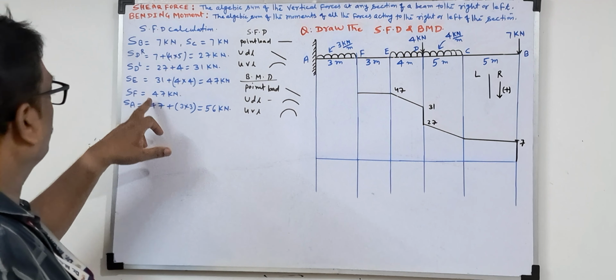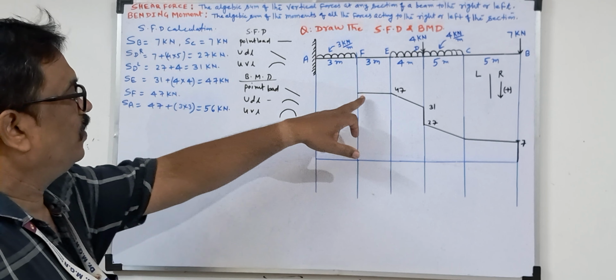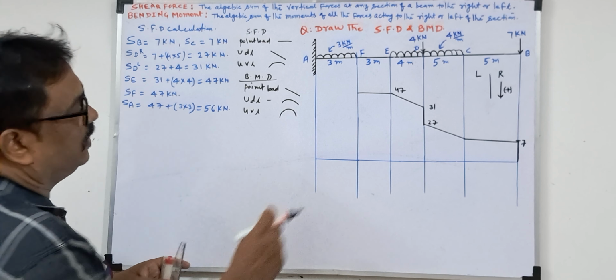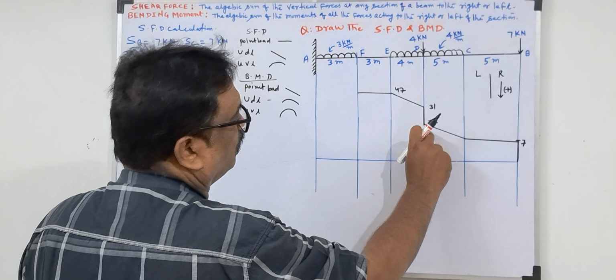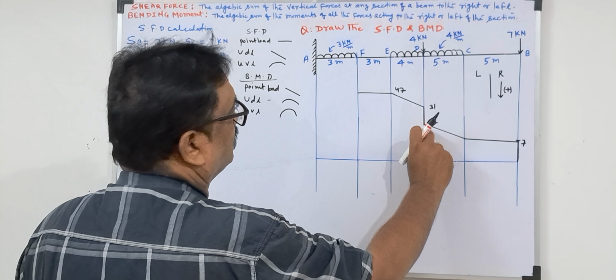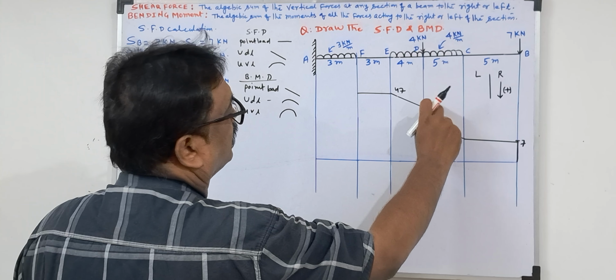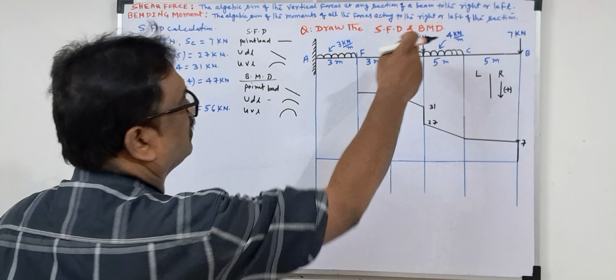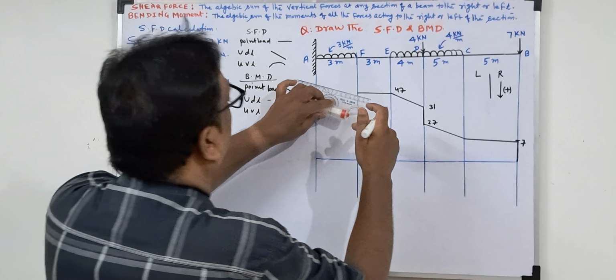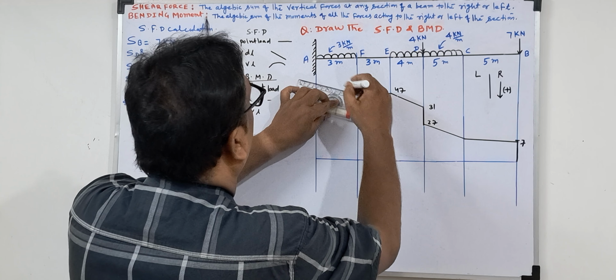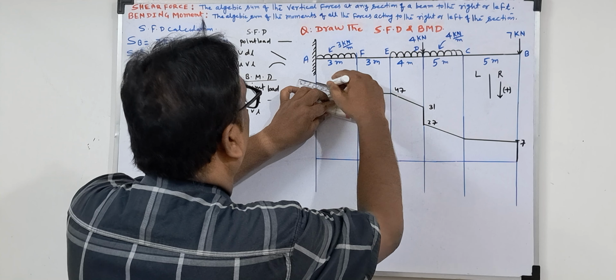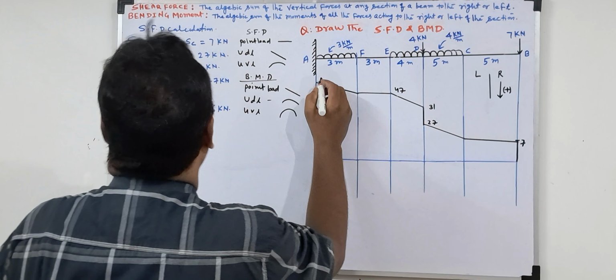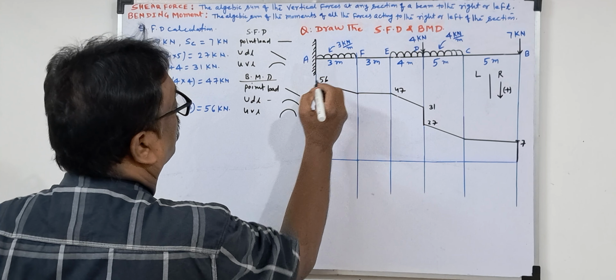Again at A, SF will be 47. So here two loads are there. Now see, 27 and 31: this is SFR and this is SFL. L means just consider that point. Now again it will be an inclined line because a UDL is there. So this will be 56.